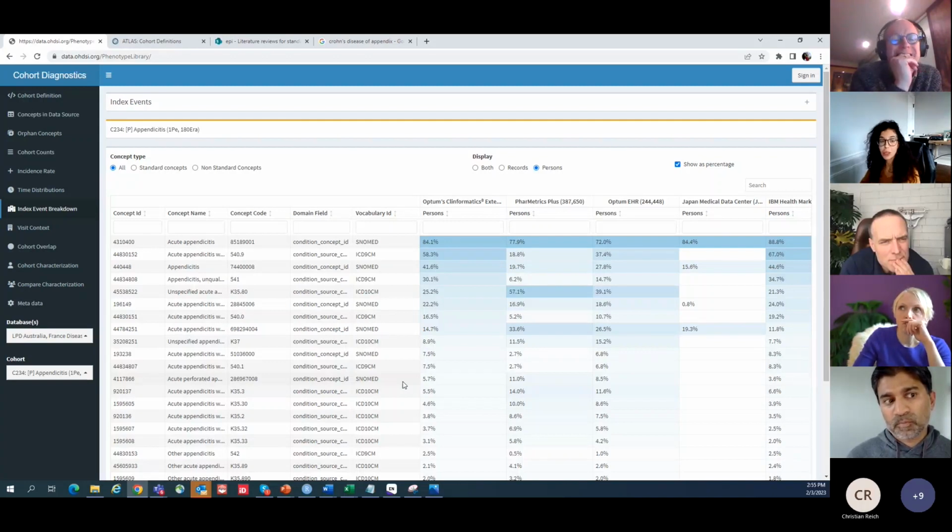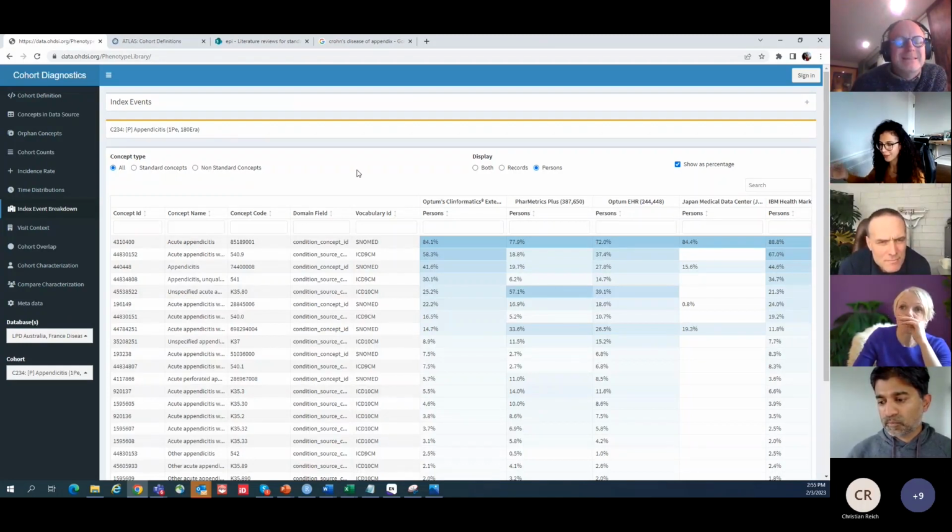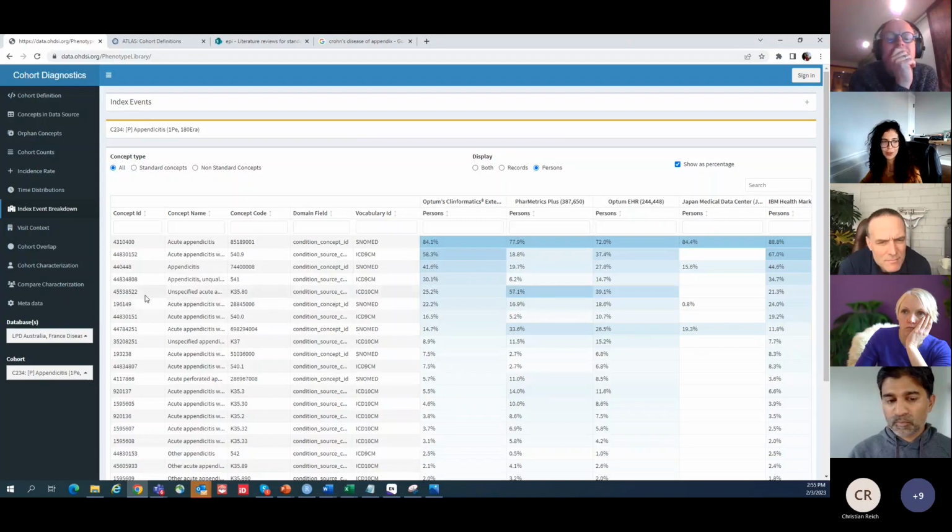Okay. Yeah, this is another thing we look at, but personally, I get overwhelmed if the included concept set has hundreds, sometimes thousands of codes. I can't look at every code, and it's also useless. So I like to take an easier approach in which I look at the cohort diagnostics index event breakdown.